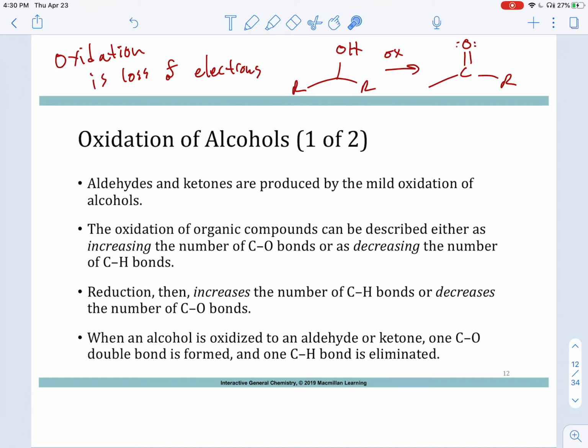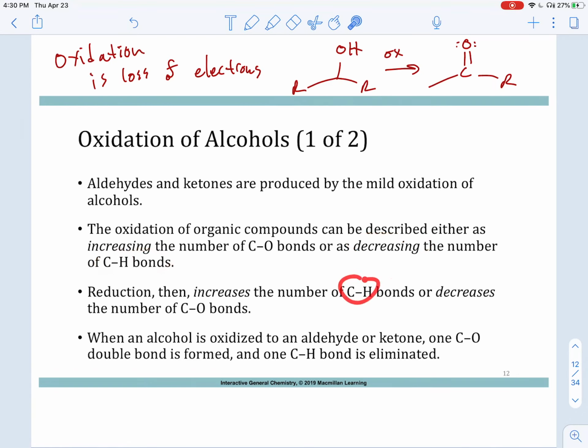So this is an error right here. Oh, decreasing CH bonds. No, that's correct. So reduction increases the number of CH bonds or decreases the number of CO bonds. So we can use both of those to define oxidation and reduction in organic chemistry. So again, oxidation, you are increasing the number of CO bonds or you're decreasing the number of CH bonds.